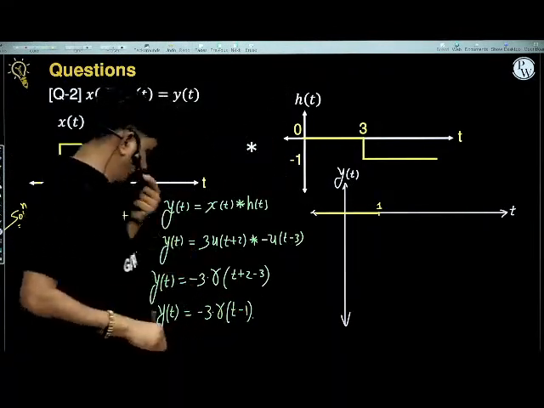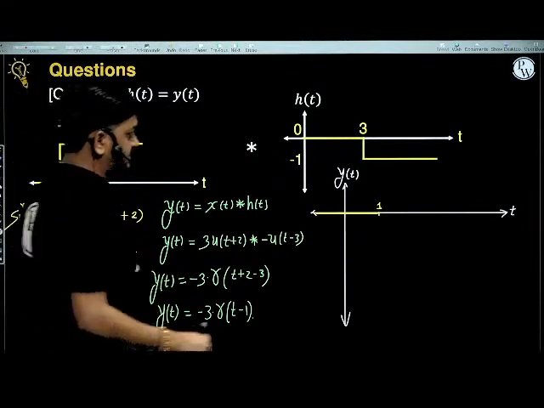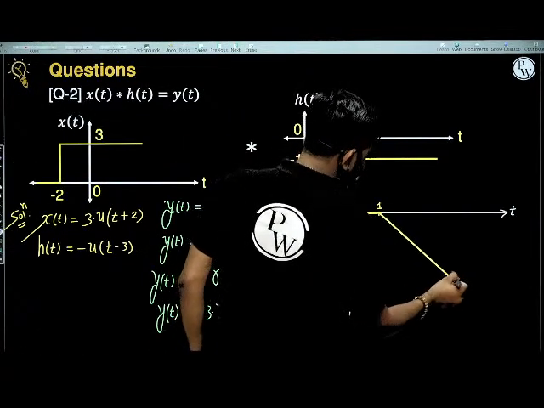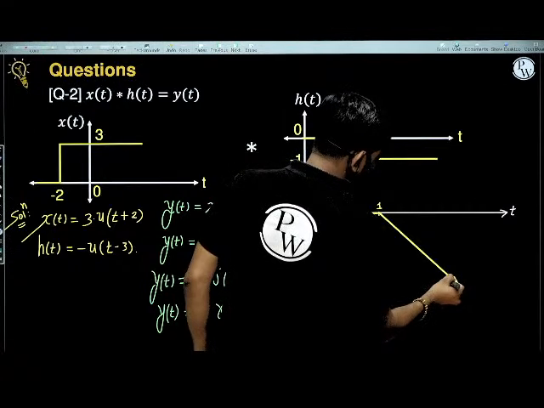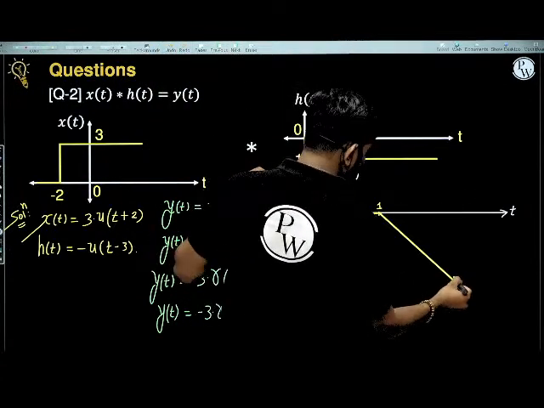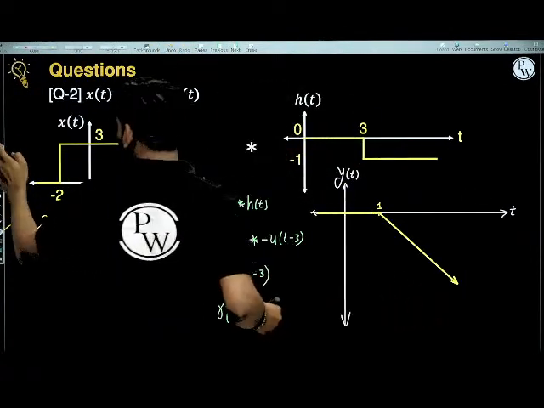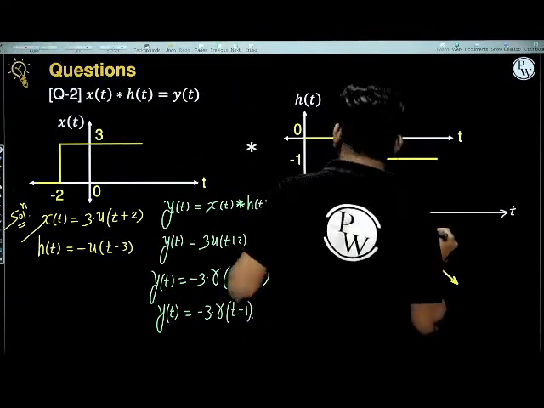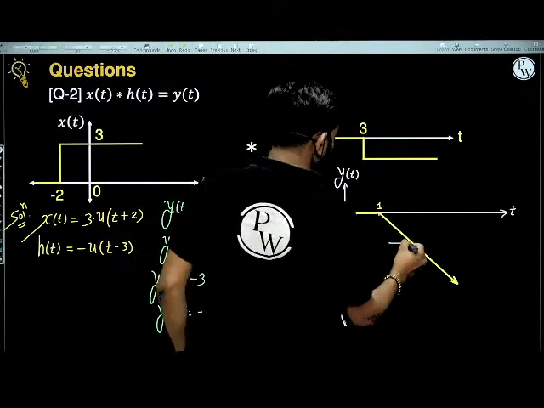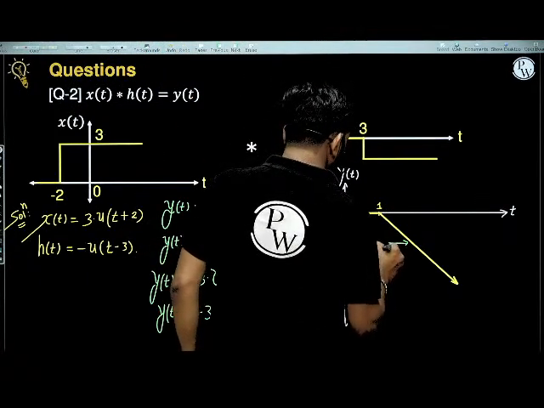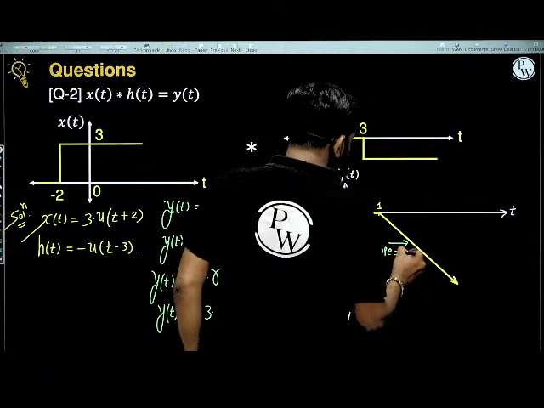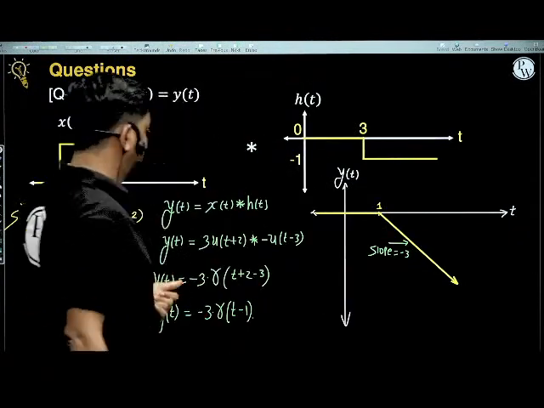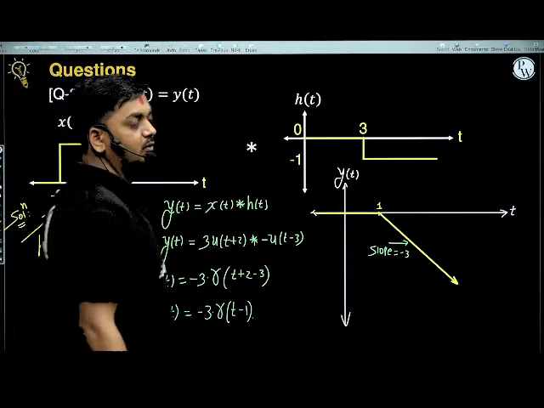And decreasing slope, you can see here, guys, here the slope is minus 3, that means decreasing slope. So like this. Here the slope is minus 3. Again, they can ask to find y of t at t equal to 5, suppose.